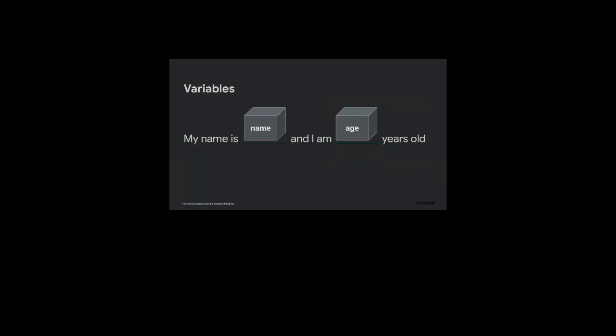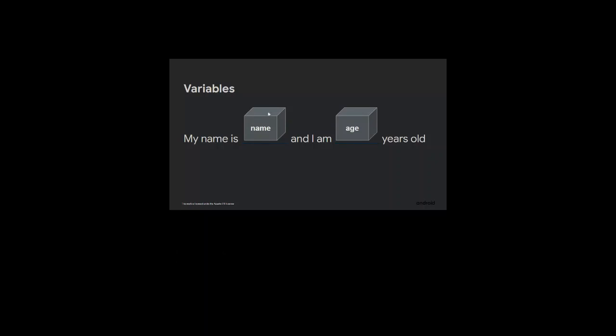So in this case, we have a string: My name is dash, and I am dash years old. To fill up the spaces, you can either just write a string, or instead of giving a string, you can concatenate a variable. By giving the variable, you're providing the value that's stored inside the variable.